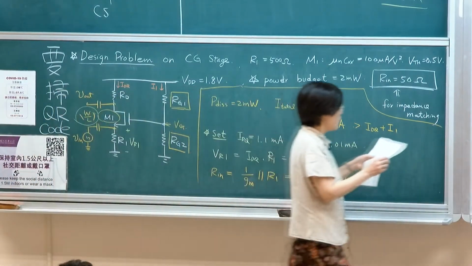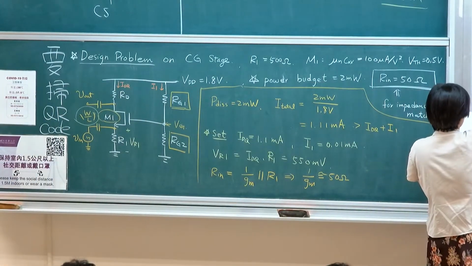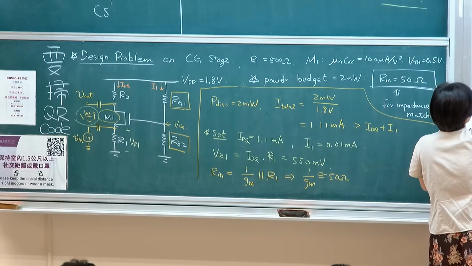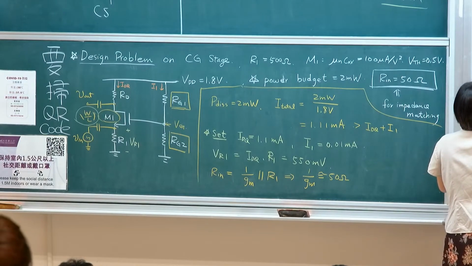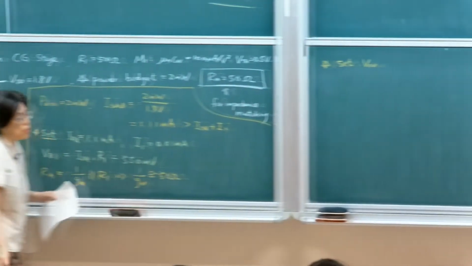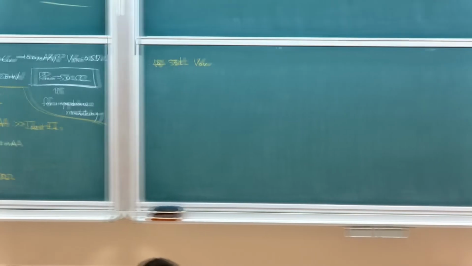The way to do this is that you want to set your biasing conditions. So we're going to set a VOV, an overdrive.